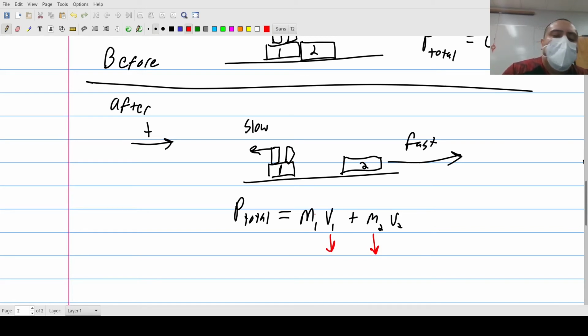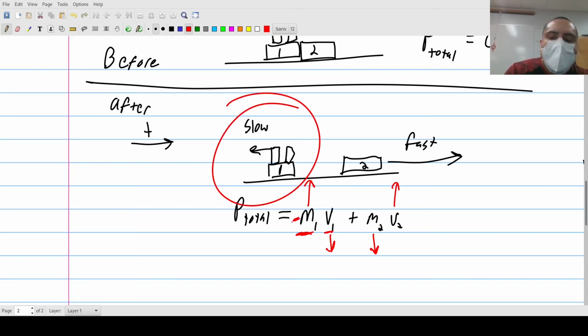We know mass 1 is bigger than mass 2, and we know that velocity 2 is higher than velocity 1. So because of that, we have a big number times a small number, and a small number times a large number in the negative direction. The negative is wrapped up in the velocity, right? So this velocity we know is negative.